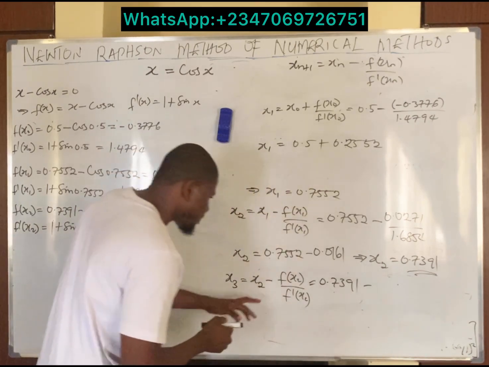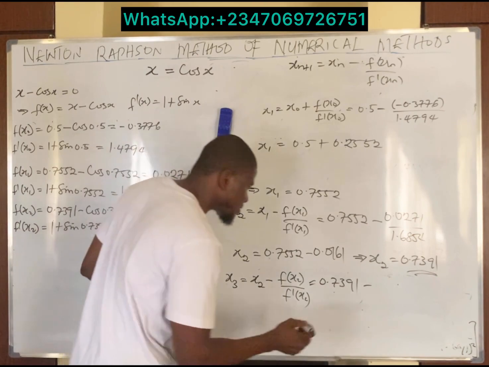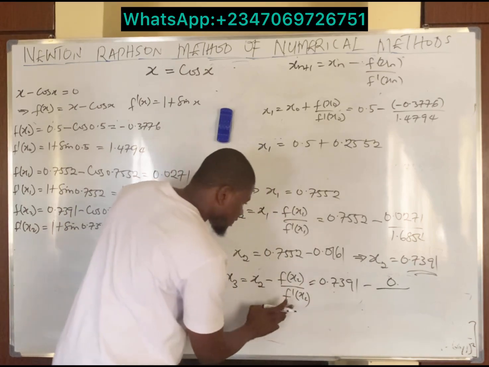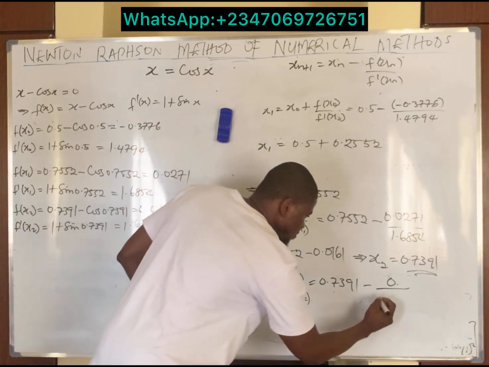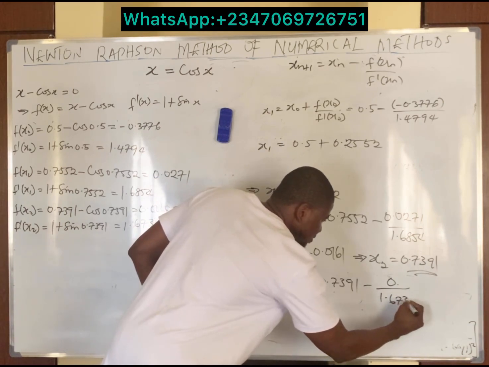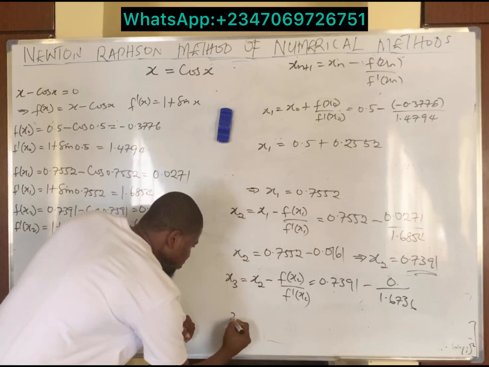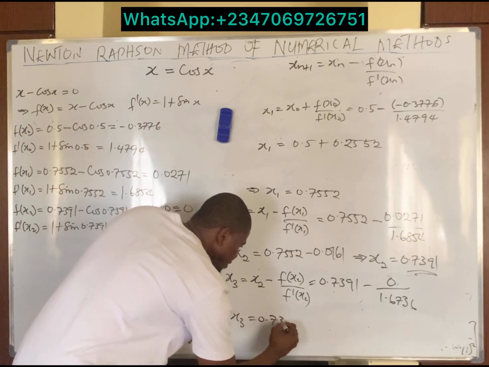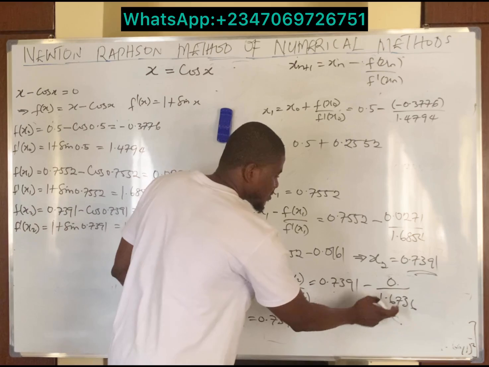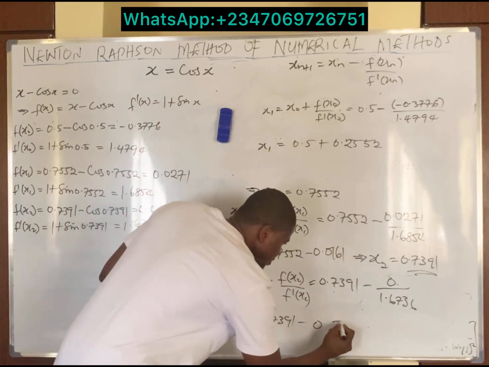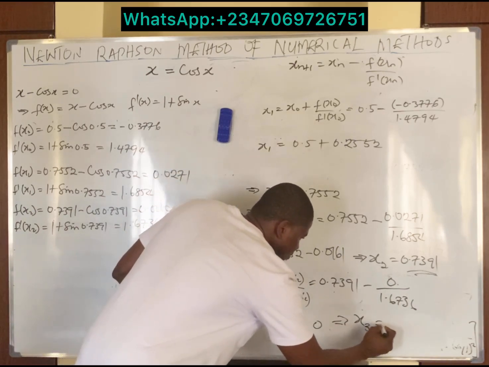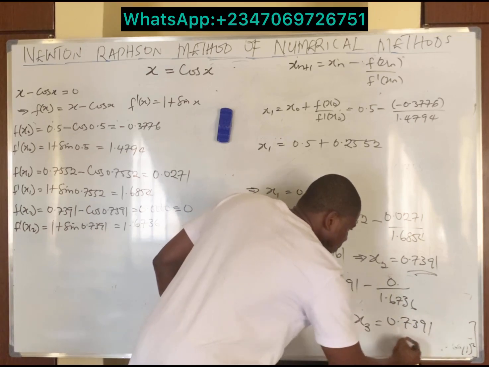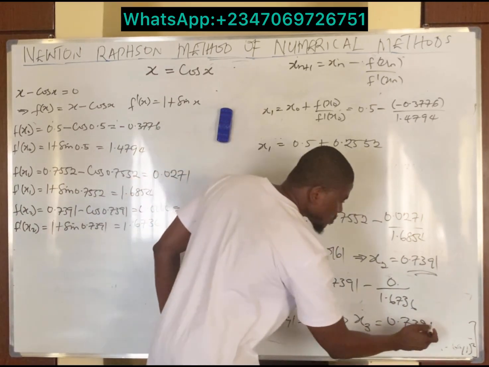So you have f of x2, which gave us approximately 0, divided by f prime of x2, which is 1.6736. So our third root x3 is going to be 0.7391 minus 0 divided by this, which is obviously 0. So this implies that the root of that equation, x3, is equal to 0.7391. As can be seen, this converged with the previous root.